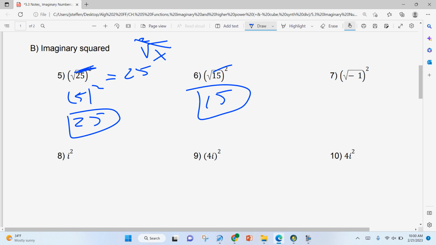So looking at number 7 and number 8. Number 7, you have the square root of negative 1 squared. So what's that going to be? It's not anything different. What do you guys think? 1.